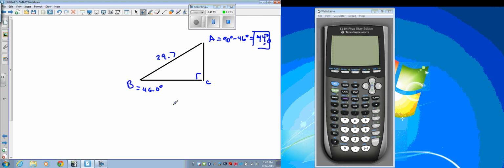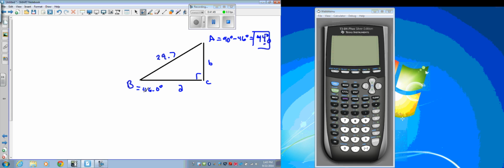Now what I want to do is find this B, which I do not know, and that A, which I do not know. What I know is this angle, and that side, which is the hypotenuse. If I want to find A, then I have the adjacent, the hypotenuse, and an angle. So what trig function is that going to be?